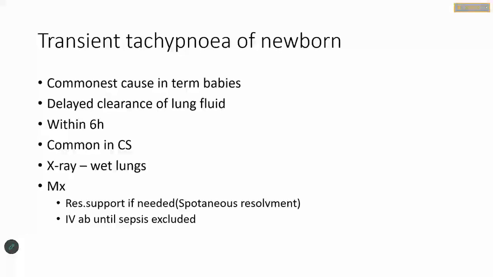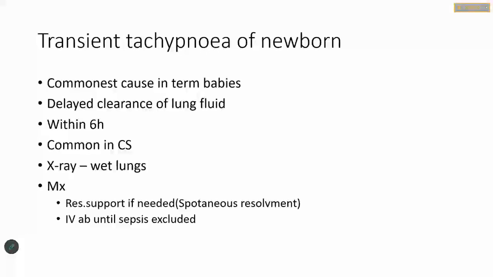But when we deliver a child via cesarean section, that hypoxic drive is not there at the time of delivery, because without any tension we are just delivering the baby. Sometimes while doing the cesarean section, there will be remaining fluid within the lungs. Due to that, there will be tachypnea. That will be there until the lung fluid is completely absorbed into the circulation.